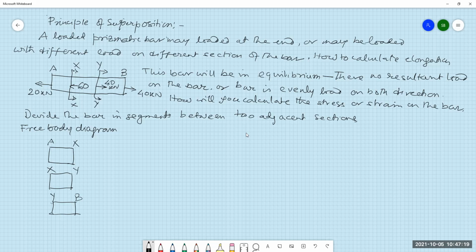So how will you do? What is the load carried by the section between A and X? At the left end, it is to be 60 kN leftwards. We put it as 20. Okay?